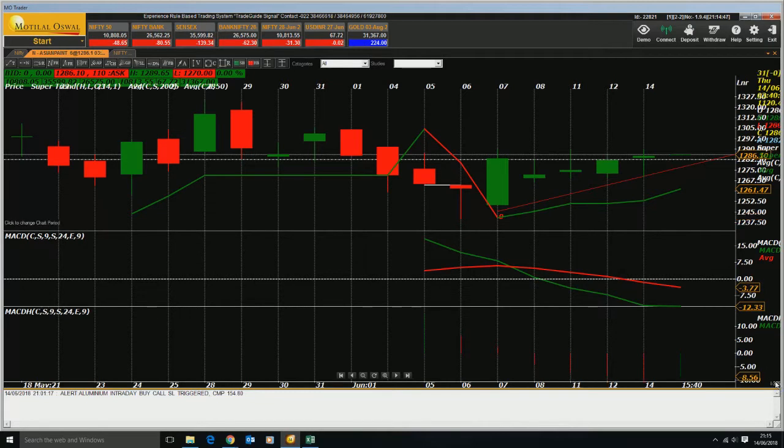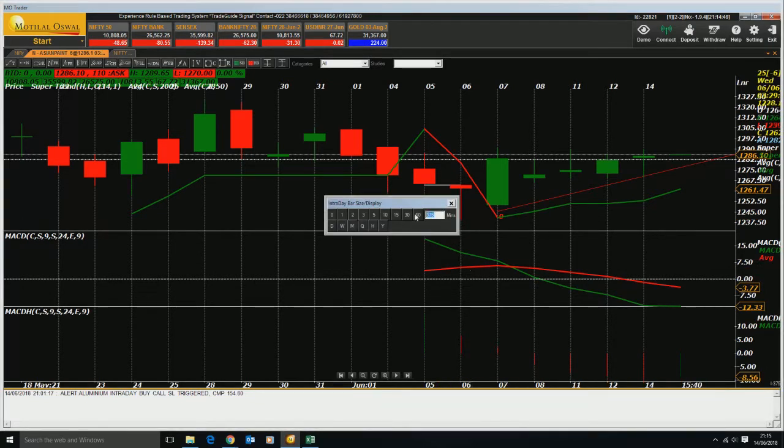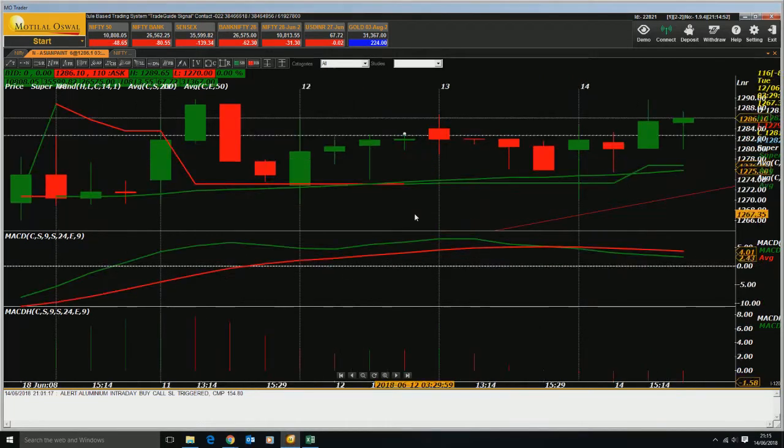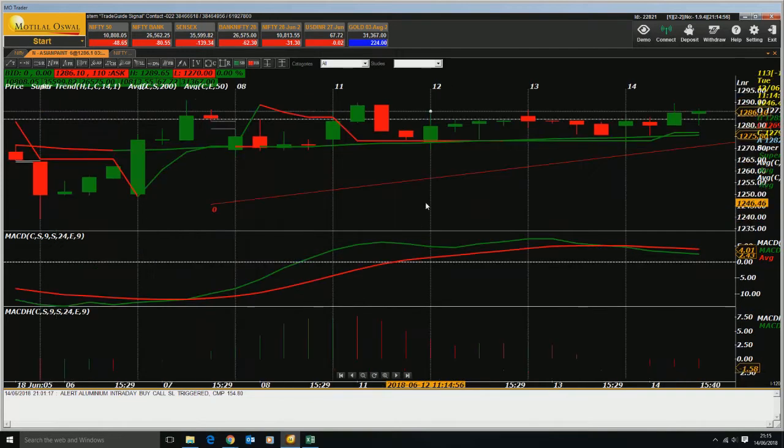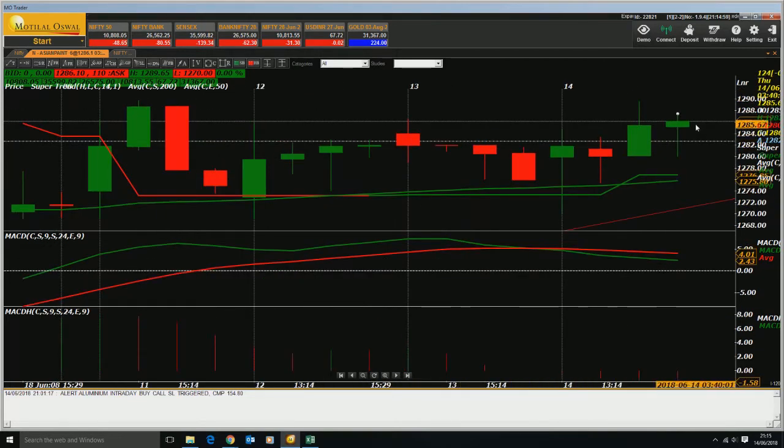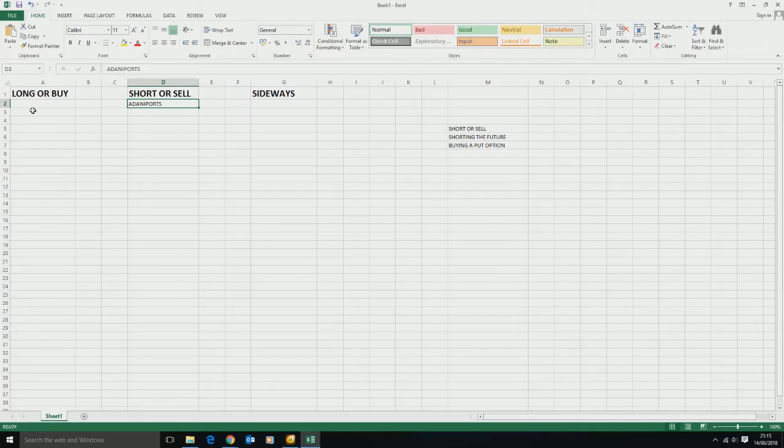And let's see in my execution time frame, which is 120 minutes. Here also it's a buy. So here you can buy Asian Paints somewhere around 1286 and put your stop loss at 1276. So for us, Asian Paint is a buy.